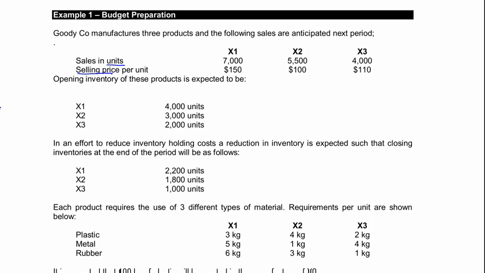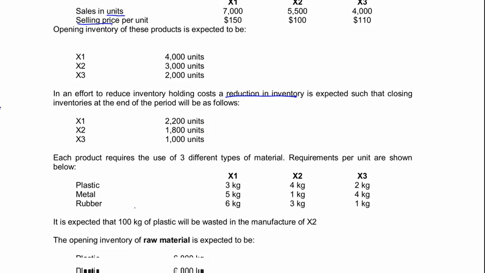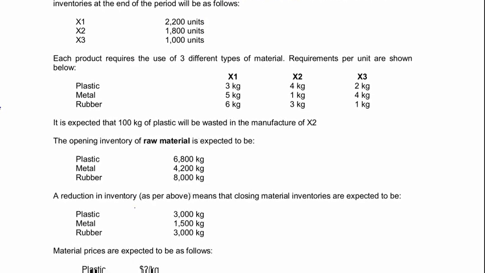for X1, X2, X3. And it says in an effort to reduce inventory holding costs, a reduction in inventory is expected such that closing inventories at the end of the period will be as follows. So we've got slightly fewer items we're expecting or we need to have in closing inventory compared to opening inventory. We then got some information about material requirements for each of these products.